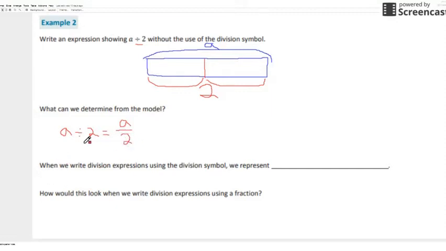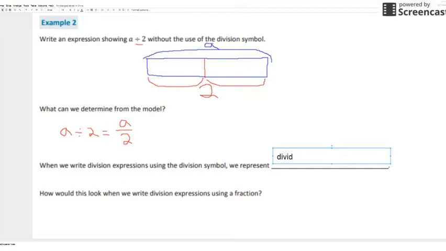If we look at the next step, we're taking these problems and breaking them down by what they are talking about. When we write the division expression using the symbol, what do we represent? I'm sorry, I got the dividend mixed up.